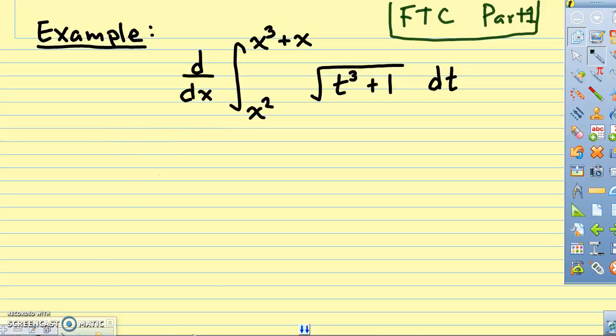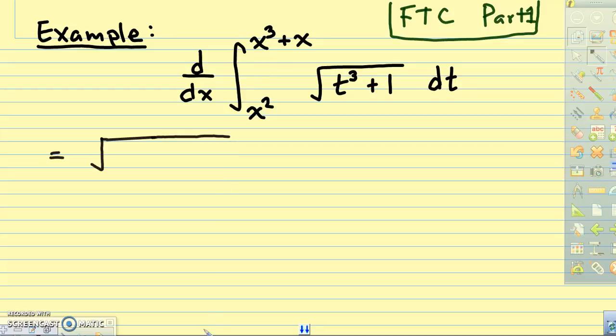So in short, this will be the integral. For every t, I'm going to plug in the top limit. Start off with the top limit. Remember, it's f of b minus f of a. So the top limit, plug it in for every t.